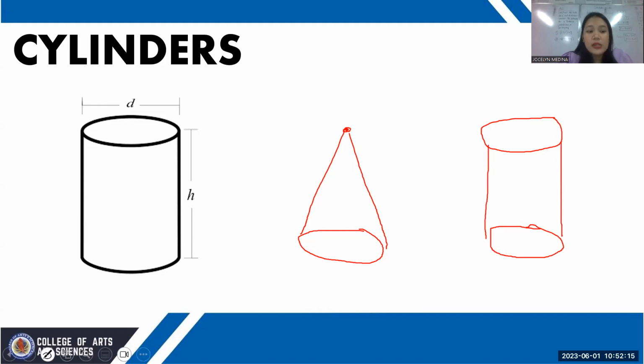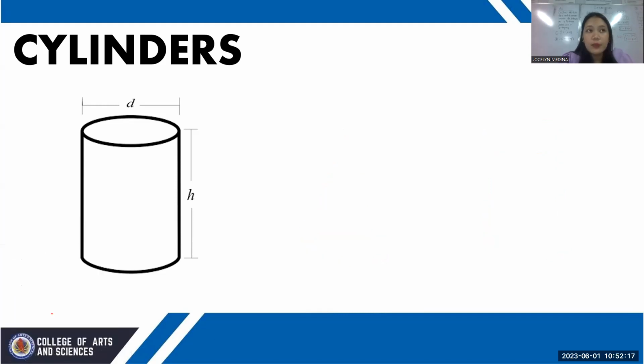Ang example naman ng cylinder in real life ay baso, tasa, drum. What else? Lata at sardinas. So, yun yung mga real life examples naman ng ating cylinders.